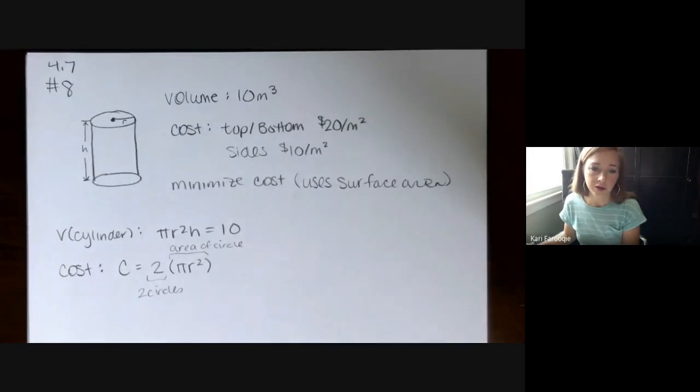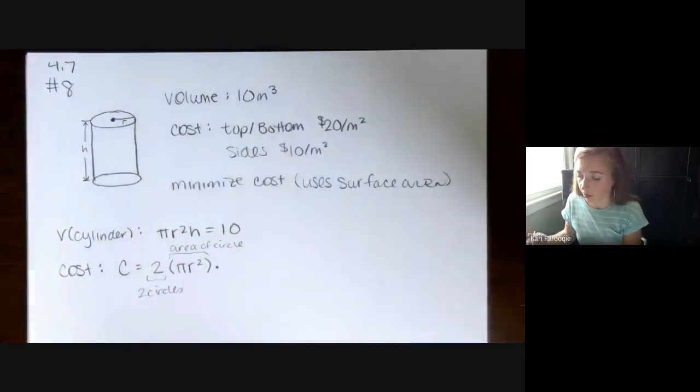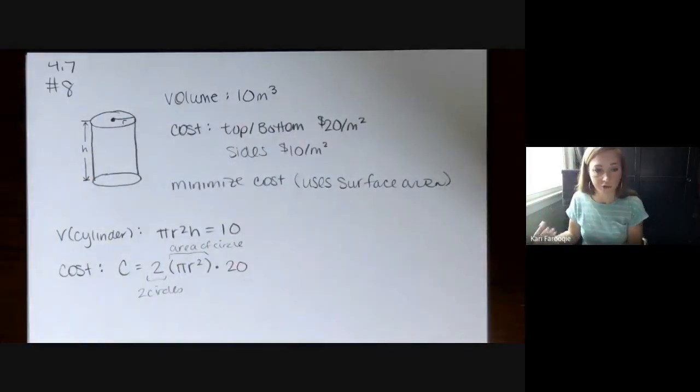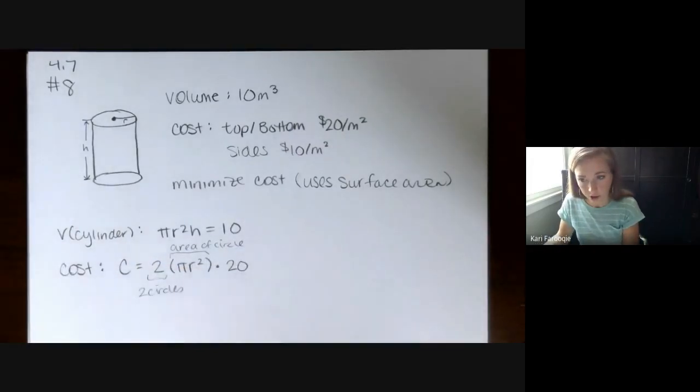Now that will be in meters squared, and then we're going to multiply this by the cost for the top and bottom, which is $20 per meter squared. So you'll just be left with dollars because your meters squared will cancel, and we don't need to worry about writing down the units in this case because we've already labeled it cost.